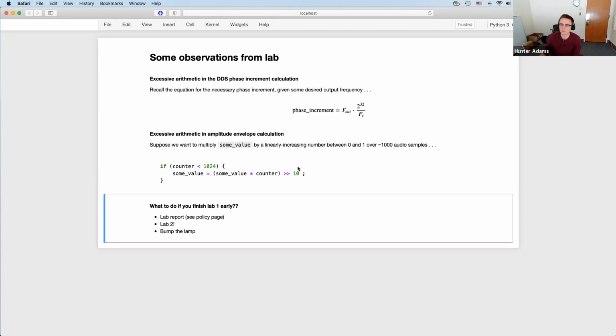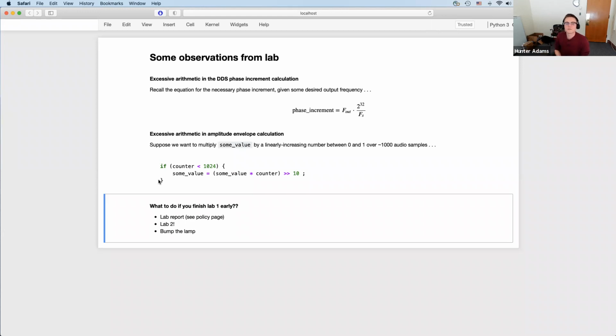But by doing it this way, you're doing an integer multiplication and a shift, which is way faster than a floating point division. So this is another place where, by replacing one line of code with something slightly more optimal, you can save yourself quite a number of CPU cycles. Okay.